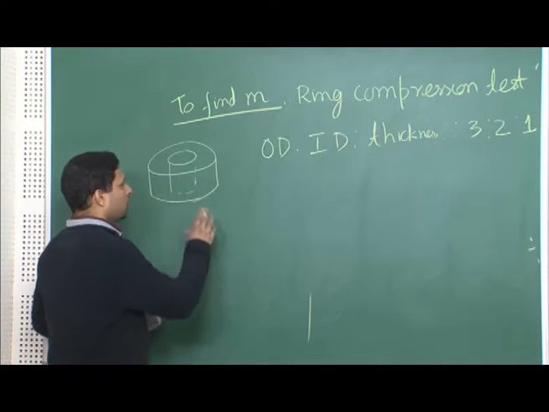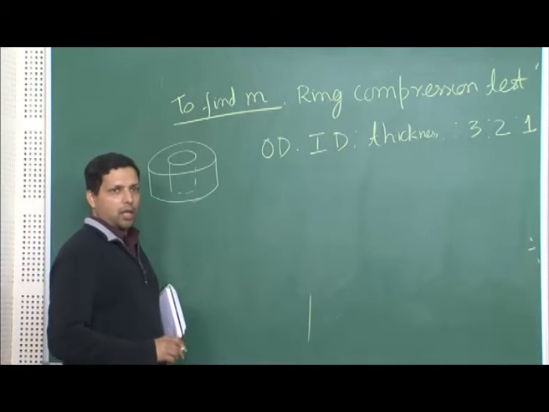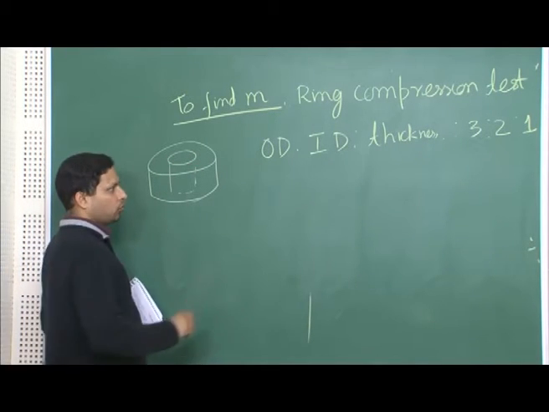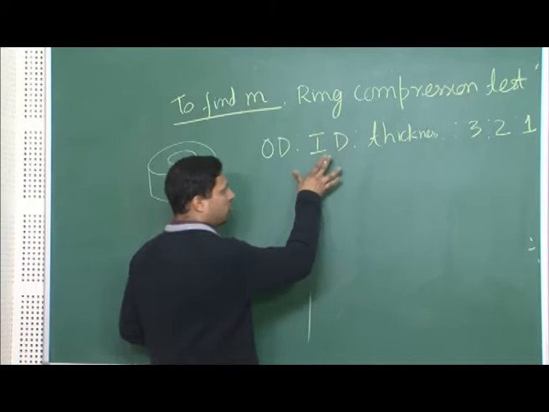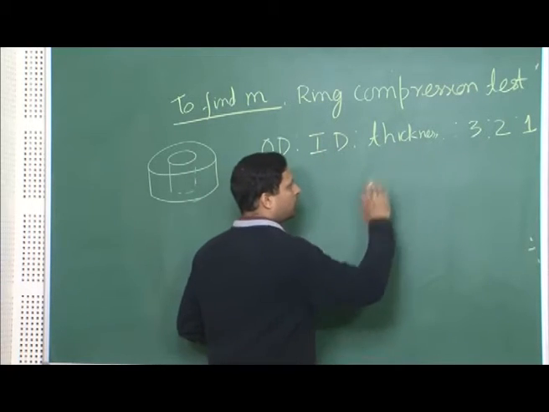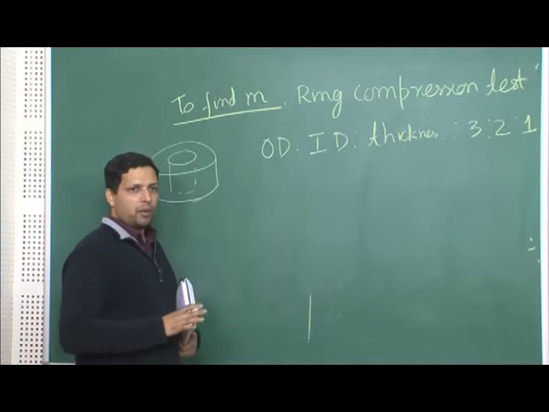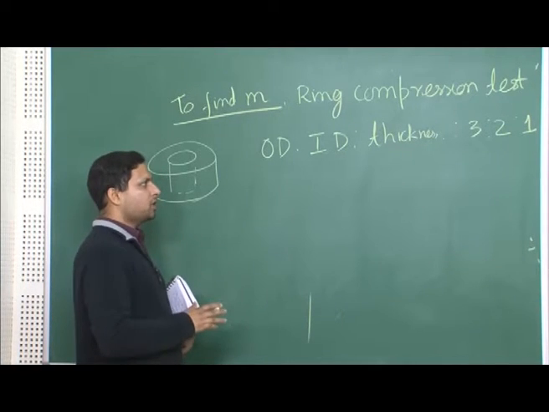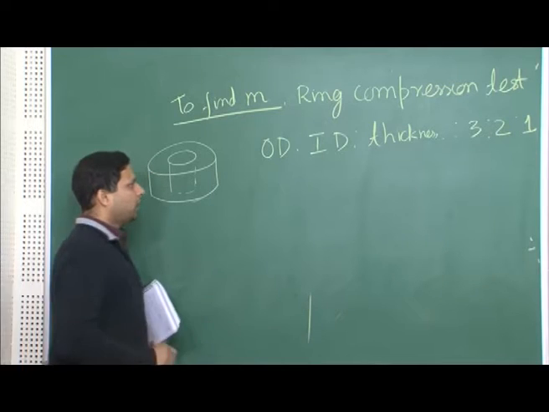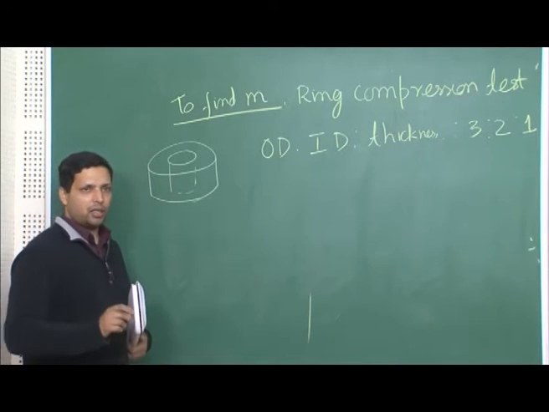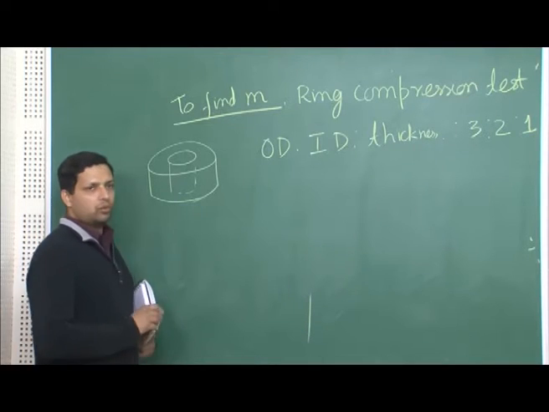Okay. So, in order to find the M value, you take a ring with a specific ratio of the outer diameter to inner diameter to thickness. There is no absolute dimension given, only the ratio of these dimensions, 3:2:1.